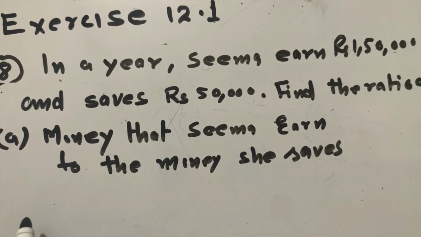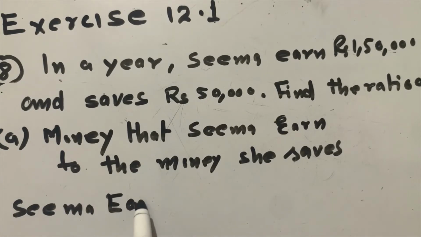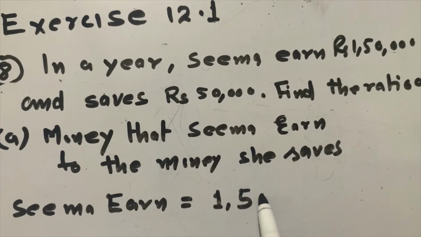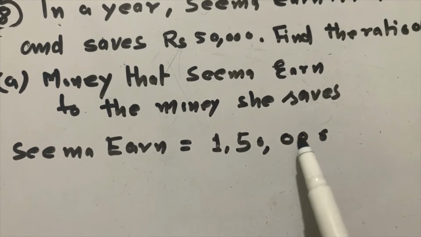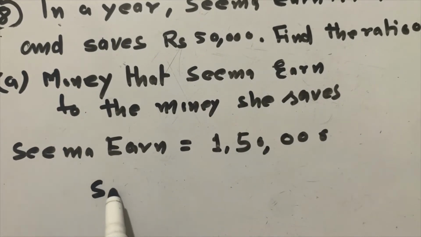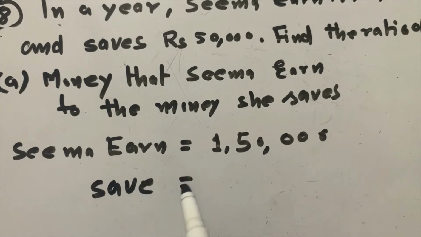Now the solution: Seema earns how much money? Seema earns 1,50,000. सेविंग कितनी है? She saves rupees 50,000.